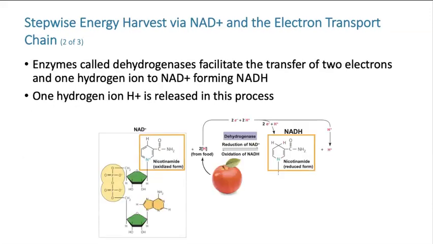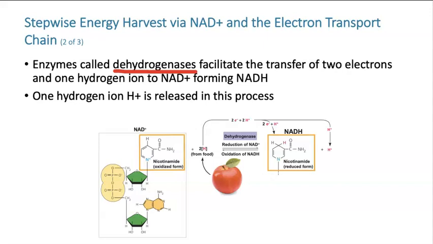Lots of enzymes are going to be involved in this process, and the main enzymes are going to be something called dehydrogenases. Literally, dehydrogenase is to take hydrogen away from something. So a lot of the enzymes that you're going to be looking at will have the modifier dehydrogenase. Those enzymes are going to facilitate the transfer of electrons between the two things, especially between NAD+ and NADH.